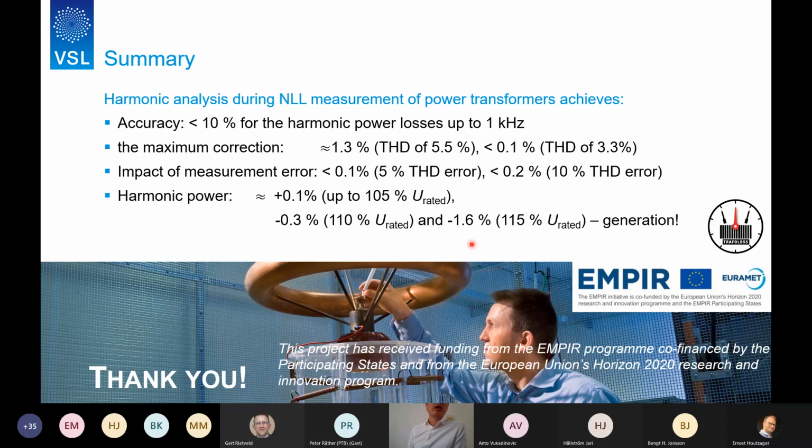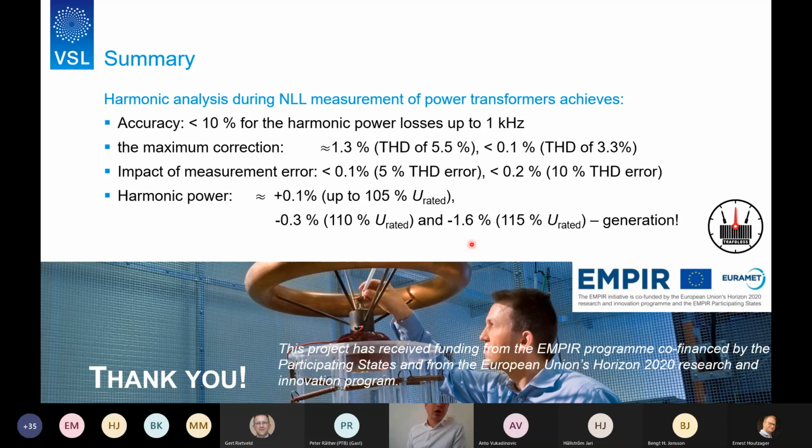Secondly, the maximum correction value is about 1.3%, for the case of the 115% voltage level, and for the majority of the cases when the THD is only about 3.3%, the correction value is lower than 0.1%. Considering the measurement error, if we have 5% measurement error in the voltage THD, the impact to the final maximum correction value will be less than 0.1%. And if it's 10% error, it doubles.